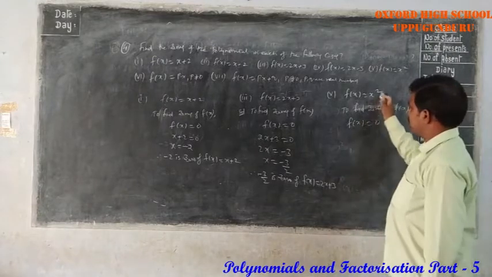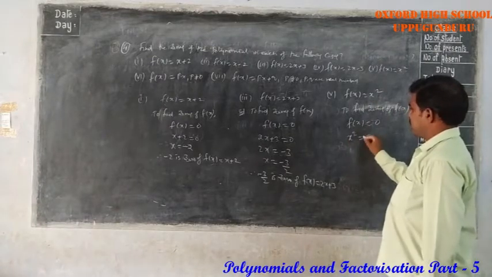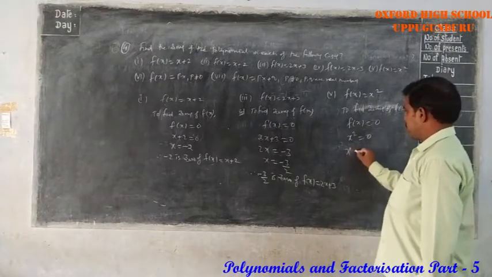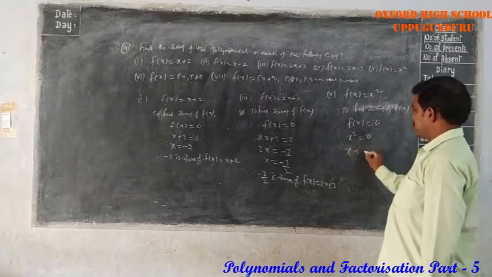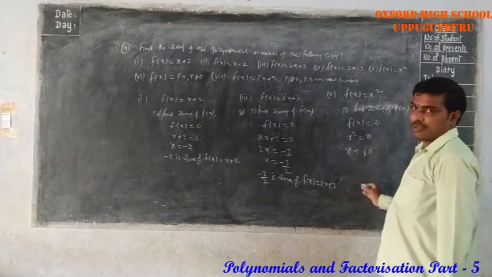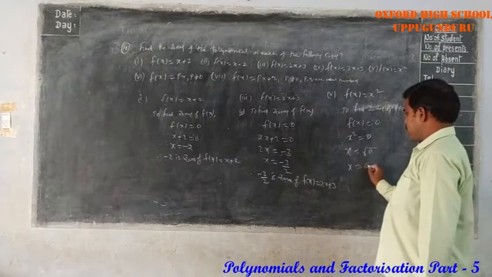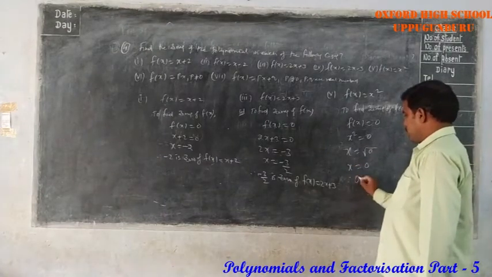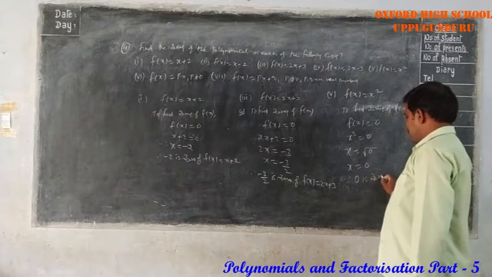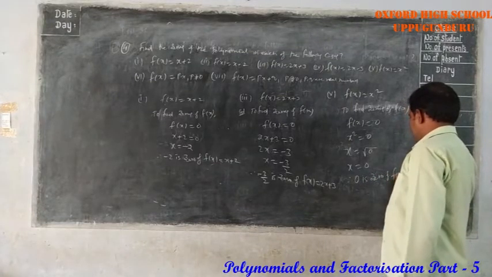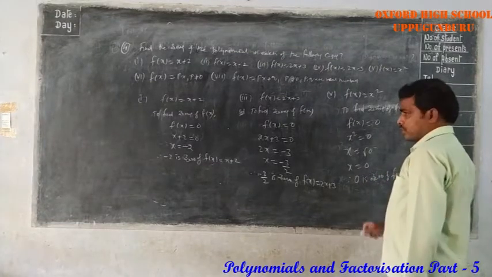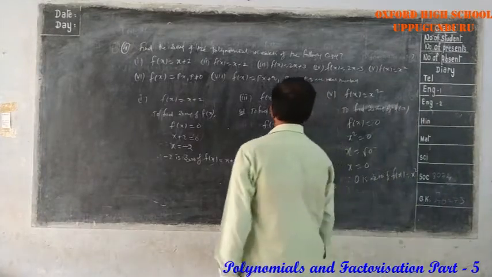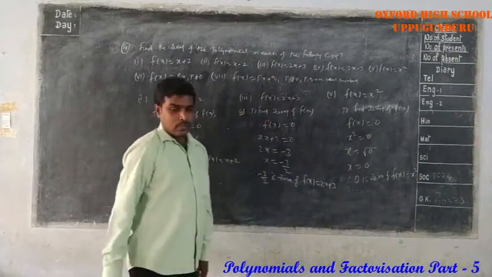What is f of x here? x square. x square equal to 0. x equal to, transposing the square to this side, it becomes square root of 0. Square root of 0 is 0. x equal to 0. Therefore, 0 is the zero of f of x equal to x square. In this way you can do the fifth problem.